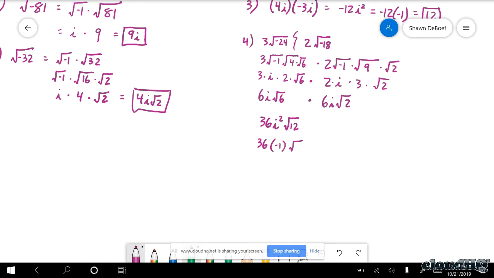The square root of 12 can break down. Square root of 4 times square root of 3. So now 36 times -1 times 2 times the square root of 3. 36 times -1 times 2 is -72 square root of 3. And there's our final answer.